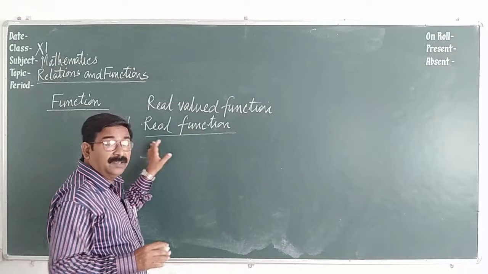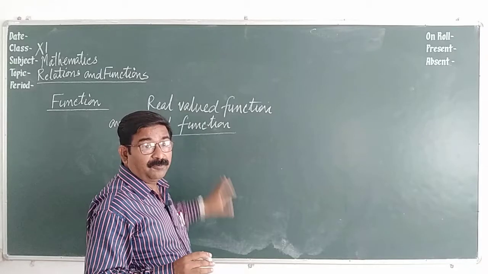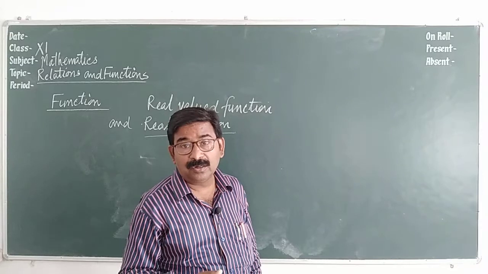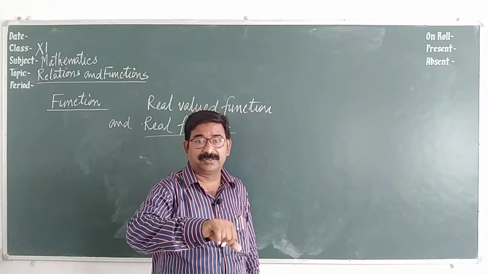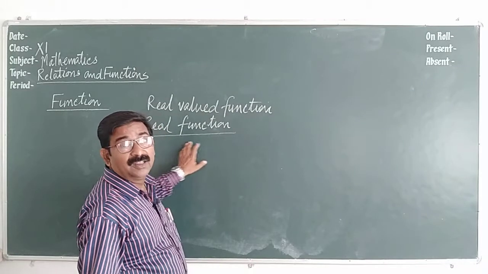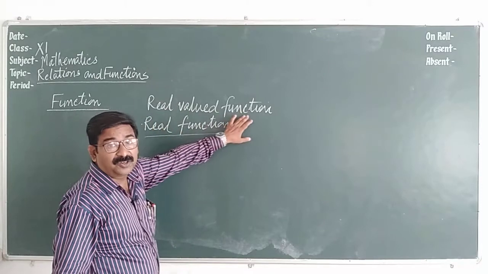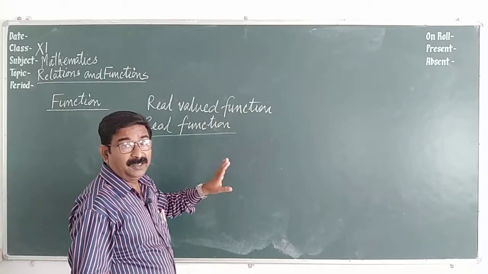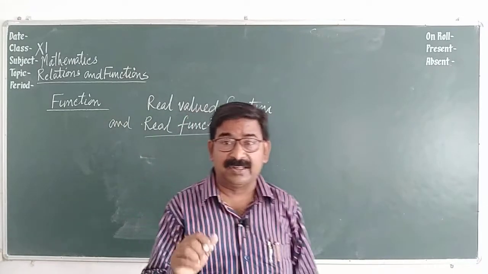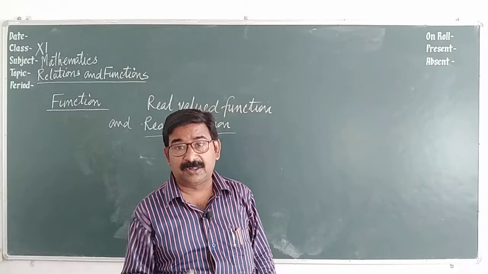In case of real function, when a function has its domain real or subset of real numbers, in that case we say that function is real function. Repeating, real valued functions are those functions in which range is all real or the subset of real numbers.